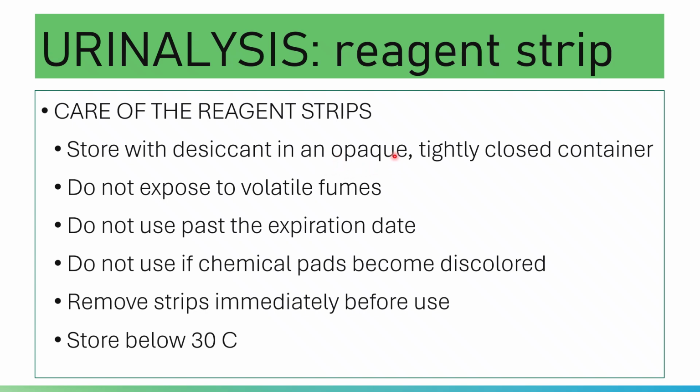That is why you notice our reagent strip bottles are black in color. Again, store with desiccant in an opaque and tightly closed container. What is the purpose of the desiccant? To absorb moisture, to keep the environment dry.